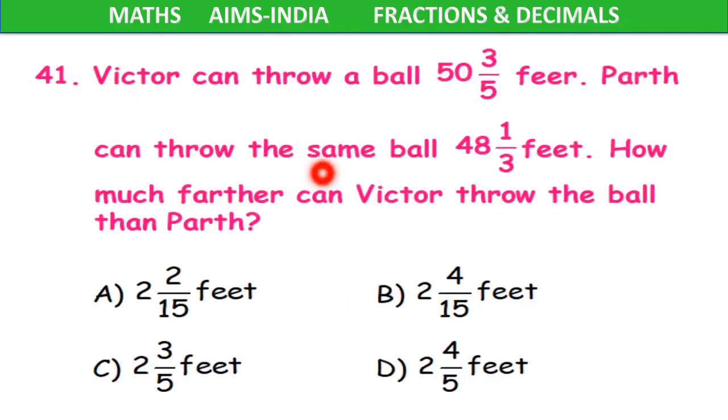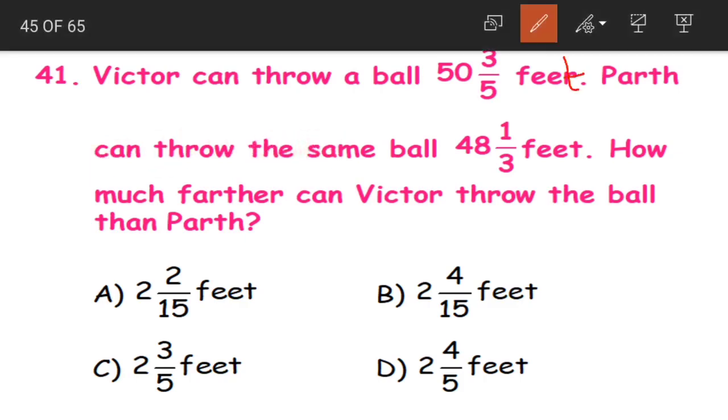Next question 41. Victor can throw a ball 53 by 5 feet. Next, Parth can throw the same ball 48 1 by 3 feet. How much farther can Victor throw the ball than Parth? Again, what is the question here? We are given the information about two boys here.